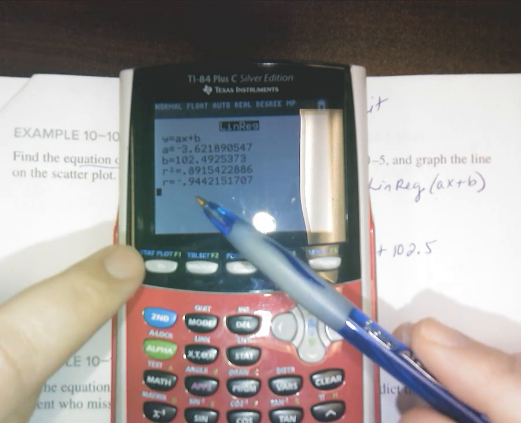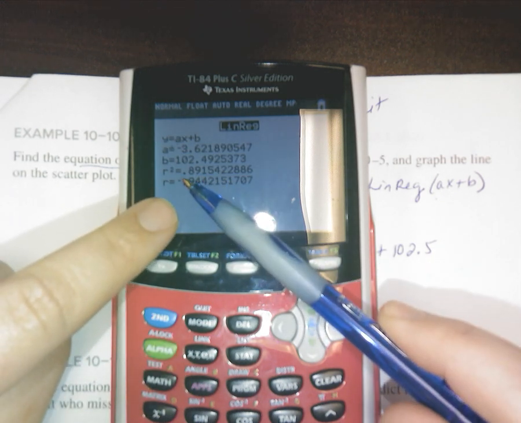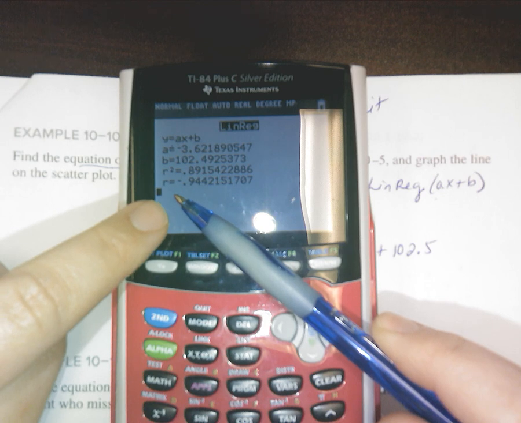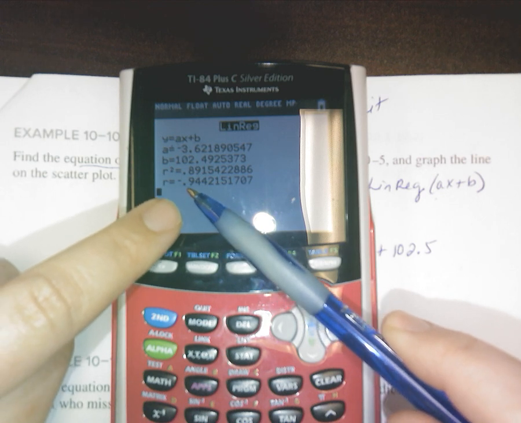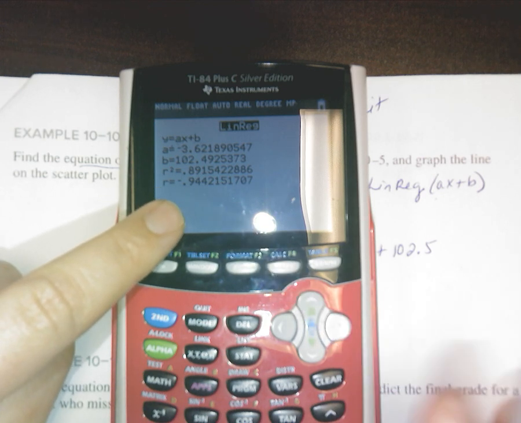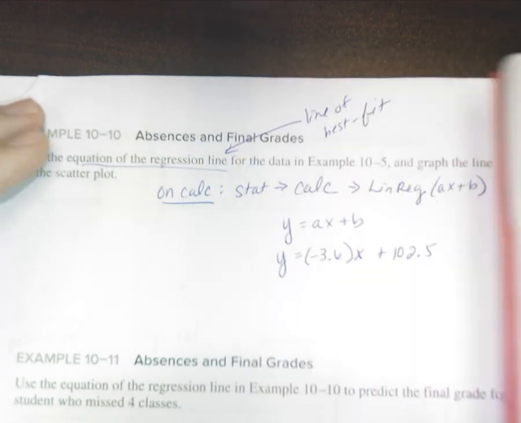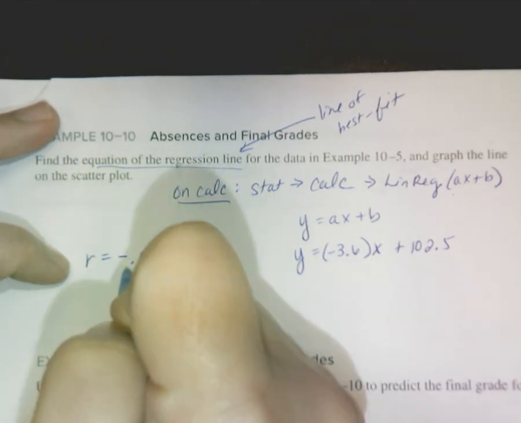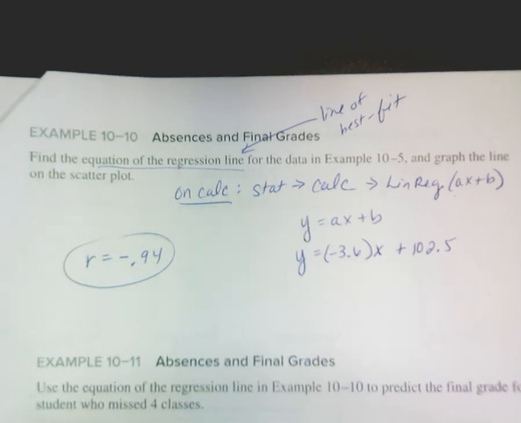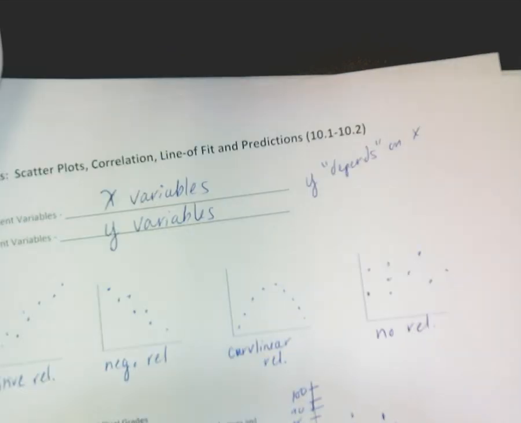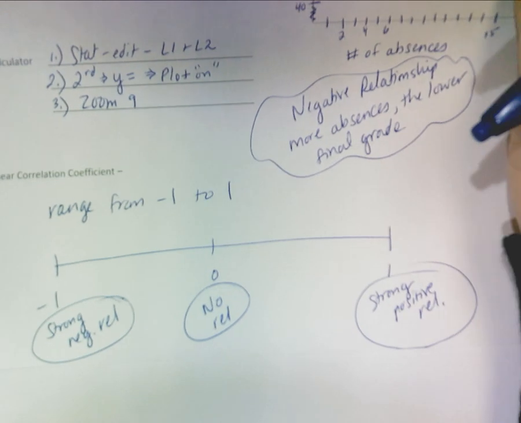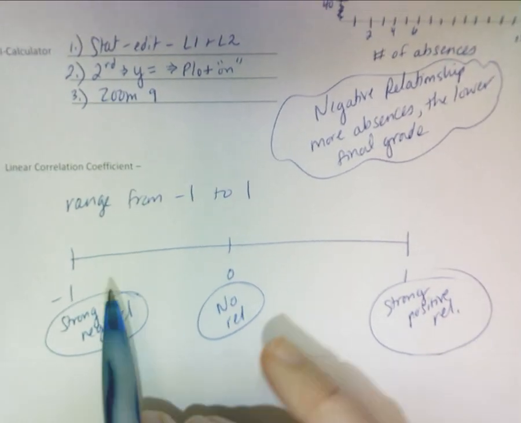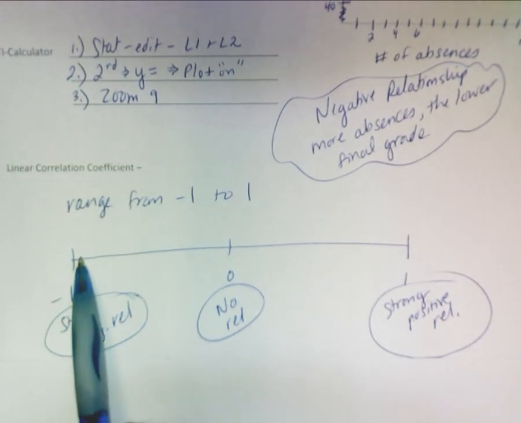Okay, so r squared is 0.895, but r is what we're looking at. It's negative 0.94. Write that down. Negative 0.94. Now, what does that mean? Well, again, looking at this, negative 0.94 is like right here.